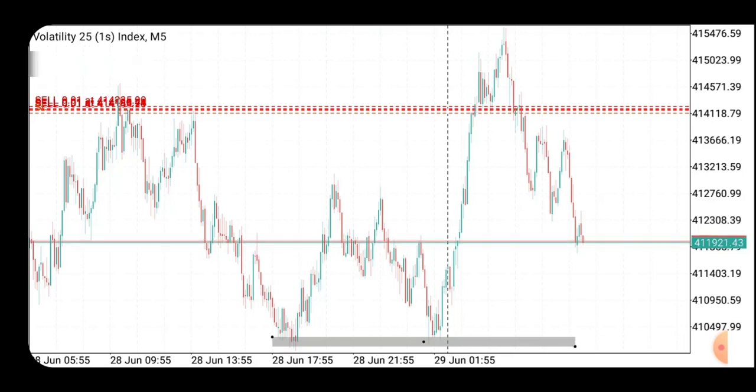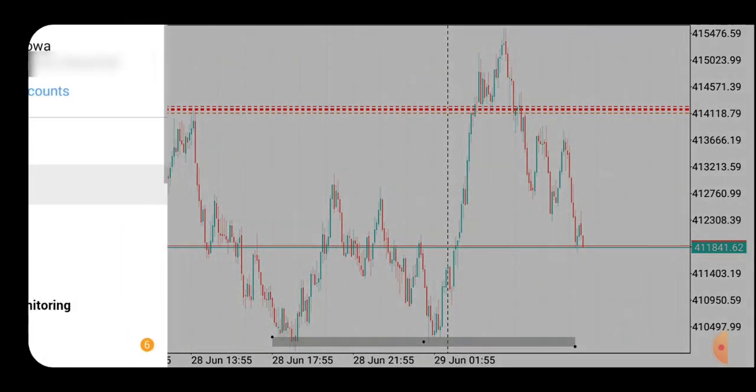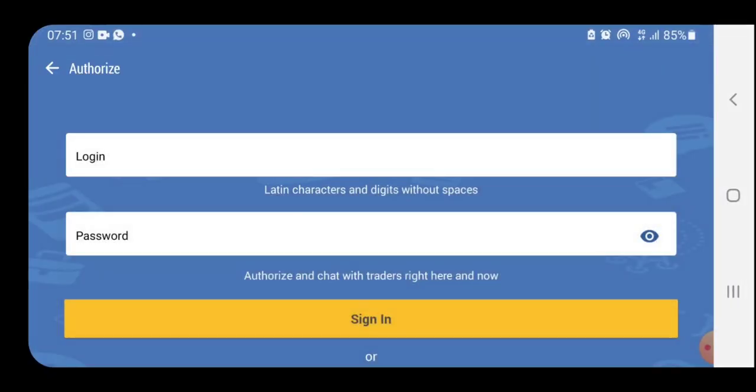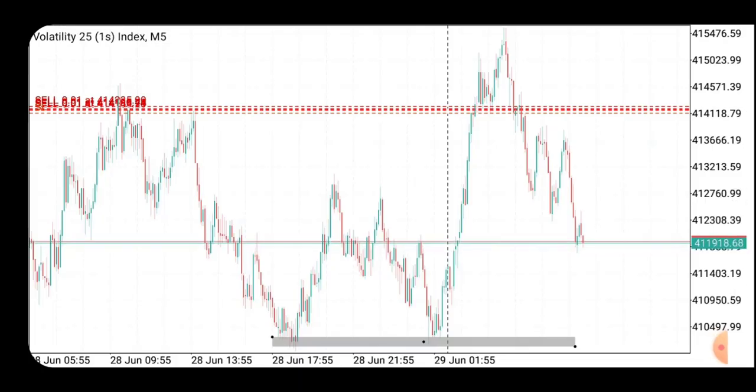We want to see price getting those lows. This is a real account, my second account, and I won't show you the money side. You just see that the trade is in profit, and this is what is currently happening.